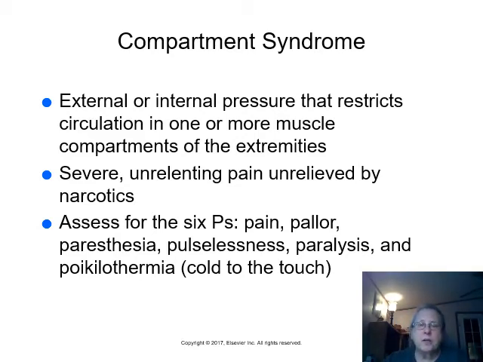And actually it is an emergency because you need to assess your 6 P's: the pain, pallor, paresthesia, pulselessness, do they have a pulse, paralysis, can they move, and then the extremity is going to be cold to the touch because we have clamped down on the arterial supply to the extremity.